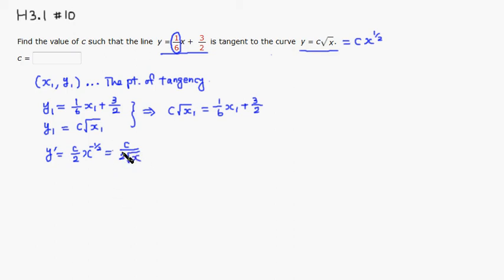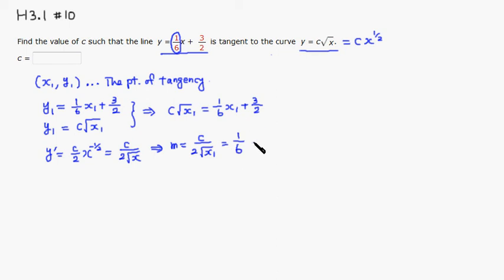So when you plug in x1, the slope is c over 2 times square root of x1. We know that this must be equal to 1/6, because the slope of the tangent line is 1/6. From here we can solve for x1.